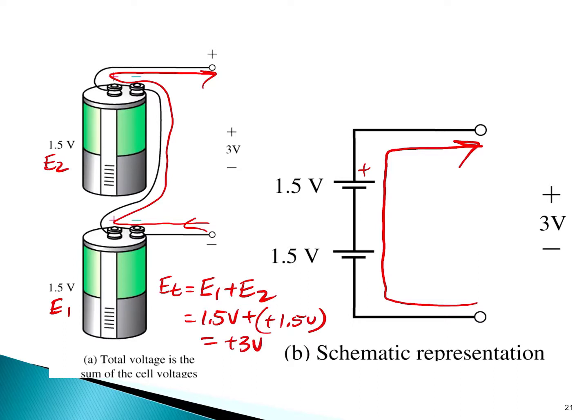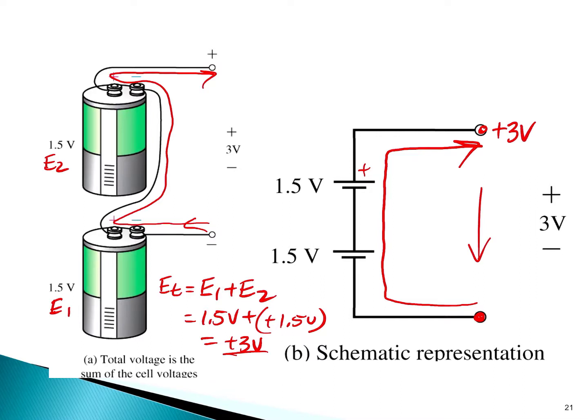Now, remember, if I use plus 3 volts as opposed to just 3 volts, what I'm saying is that I've started down here and worked my way up, such that with respect to this point down here, this is plus 3 volts.